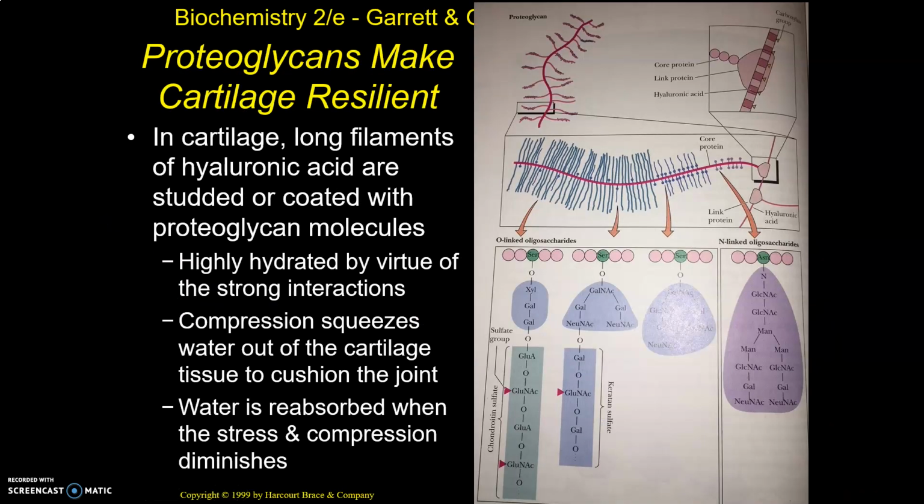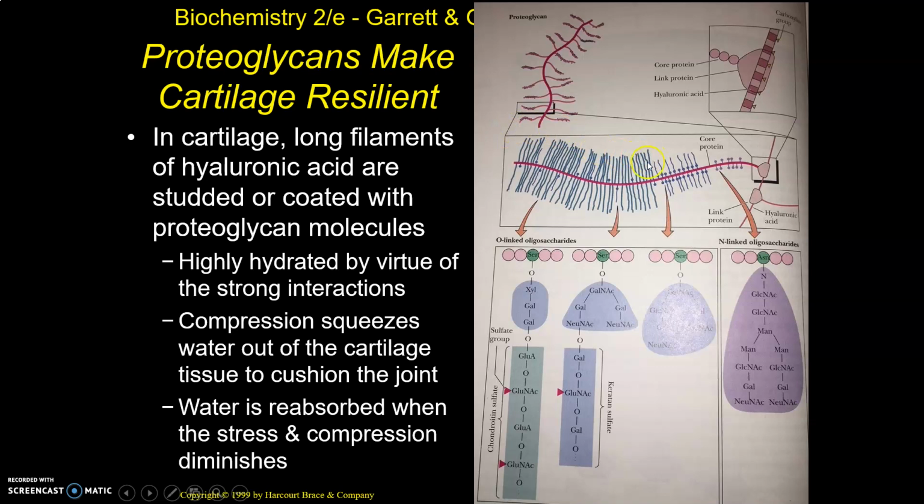And this is an example of how proteoglycans make cartilage resilient. In cartilage, these long filaments of hyaluronic acid are studded and coated with all these proteoglycan molecules, so all the little blue points are these proteoglycan molecules.